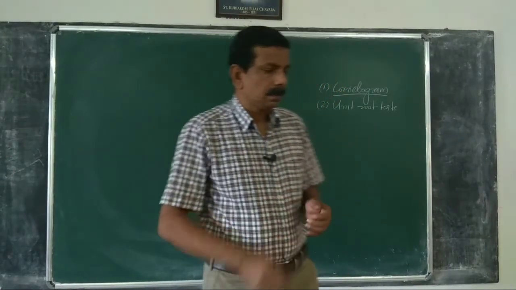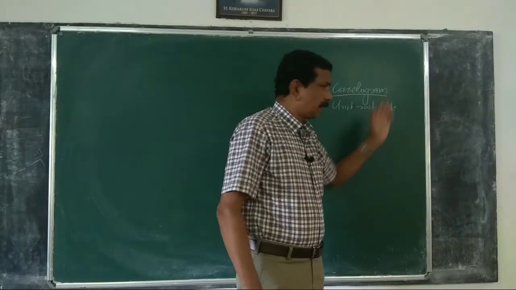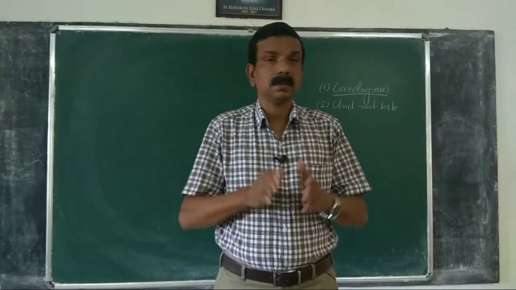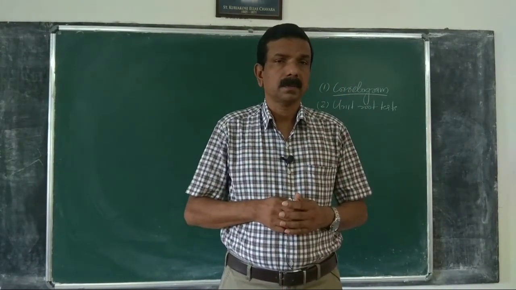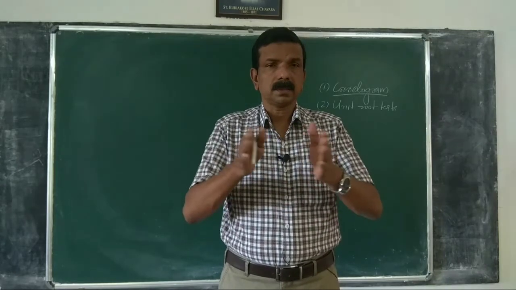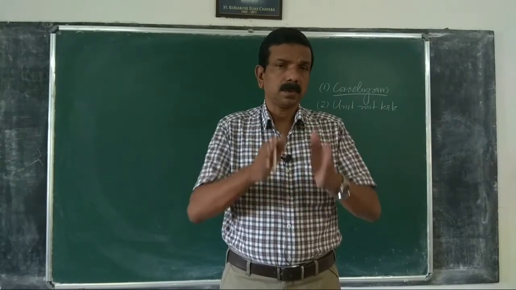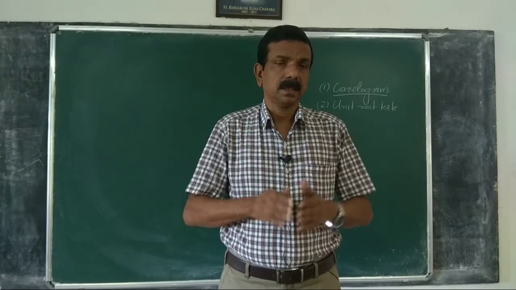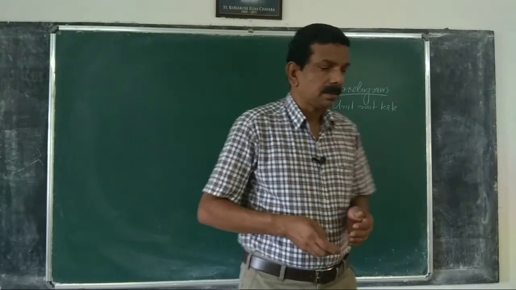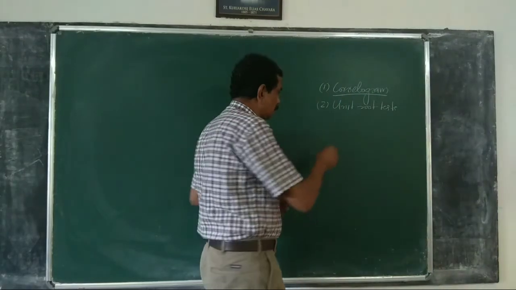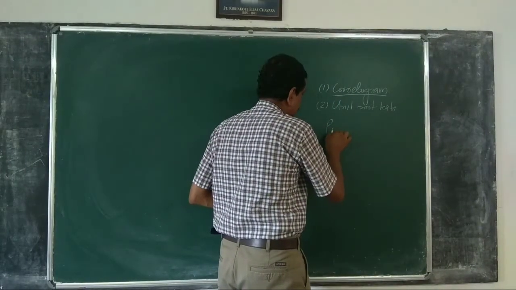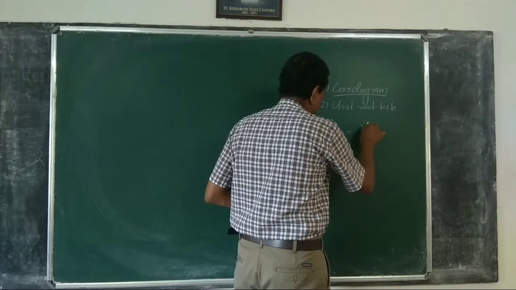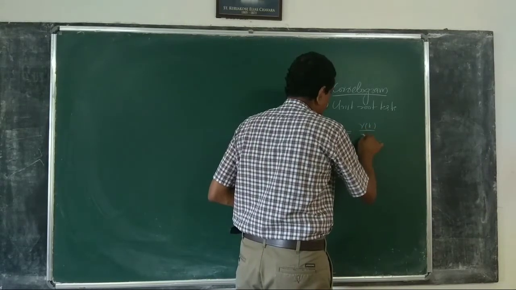Now, correlogram is a concept which we have introduced earlier. Correlogram is nothing but a plot of the autocorrelation function against lag. Rho k was defined as gamma k by gamma 0.